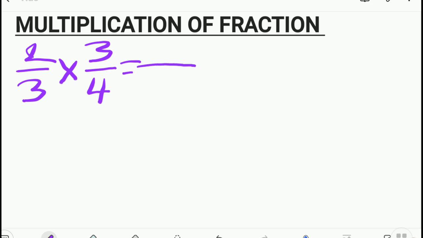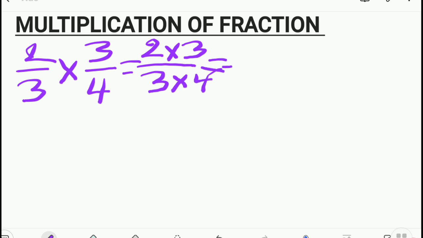The way multiplication of fraction is very easy is that you multiply together numerators and also together denominators. Means that here we have 2 times 3 divided by 3 times 4.